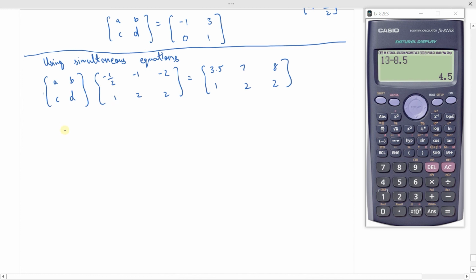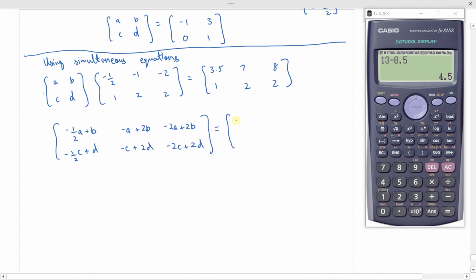So this will give me minus 1 over 2A plus B. This row multiplied by this column will give me minus A plus 2B. This row multiplied by this column will give me minus 2A plus 2B. Similarly, this row multiplied by this column will give me minus 1 by 2C plus D. This row, this column will give me minus C plus 2D. And then finally, this row and this column will give me minus 2C plus 2D.